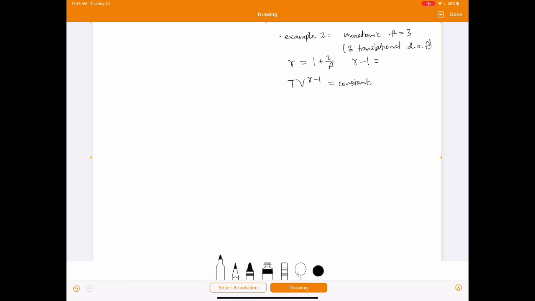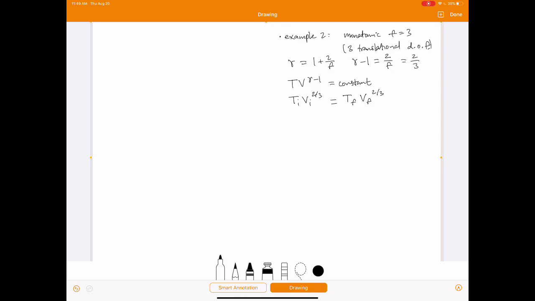Well, gamma minus 1 is 2 divided by F. In other words, that's 2 divided by 3 for a monatomic gas. So what we're dealing with then is T initial, V initial to the power 2/3, that's gamma minus 1, is equal to T final, V final to that same power 2/3.